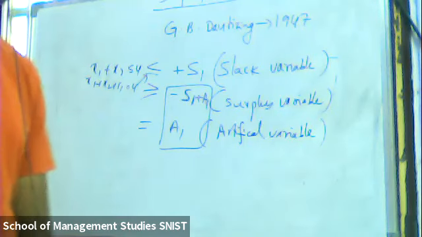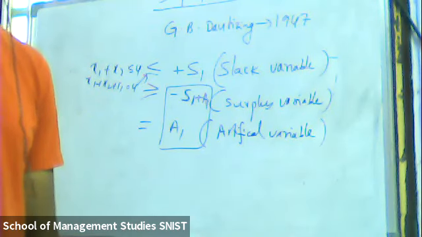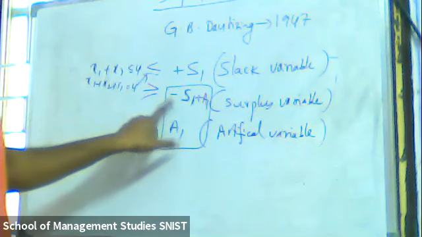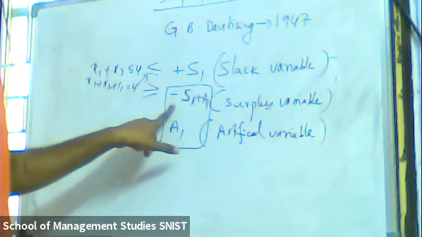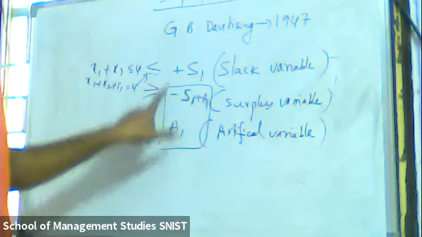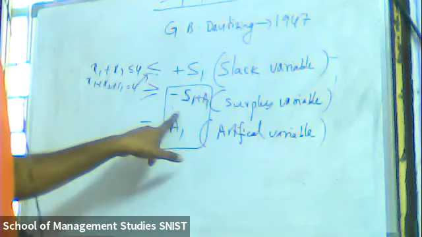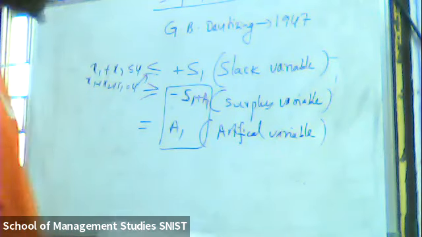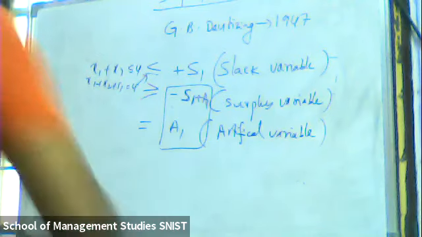Less than and greater than constraints. Exactly. And one more thing: by seeing the symbol, this is 90%, and at the same time by seeing the sign. If it is a plus, slack. If it is a minus, surplus variable. Okay, clear?